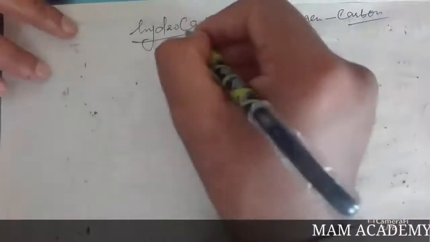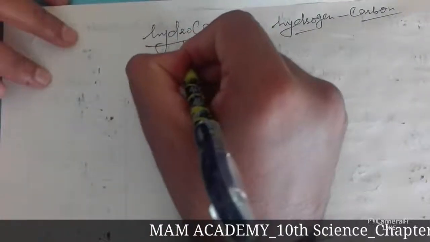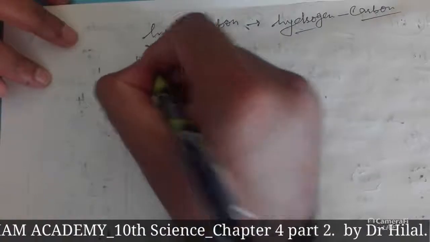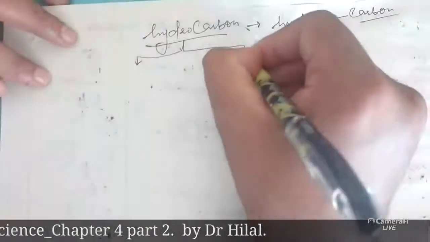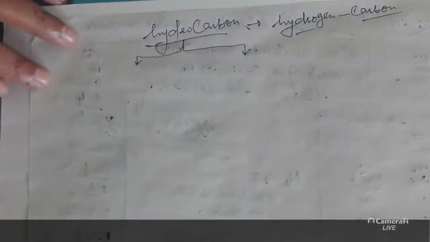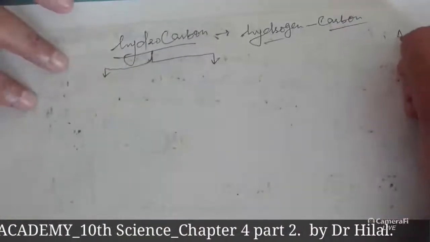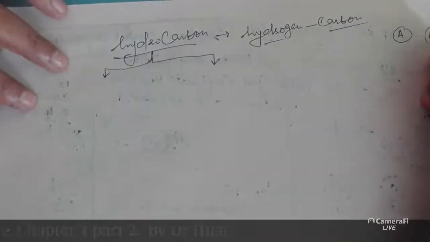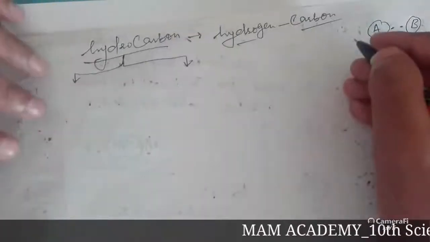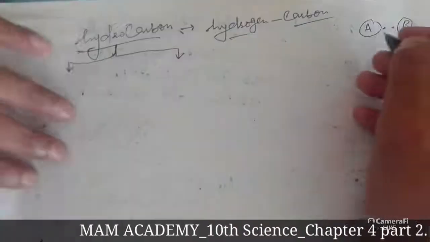But when we try to see inside these hydrocarbons, some will have single bonds and some will have double bonds. A single bond is the case where, suppose this is atom A and this is atom B, they are sharing only one electron pair with each other, so it will be a single bond.